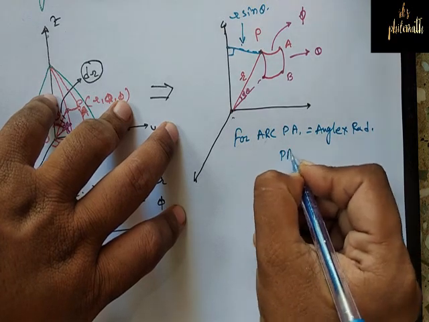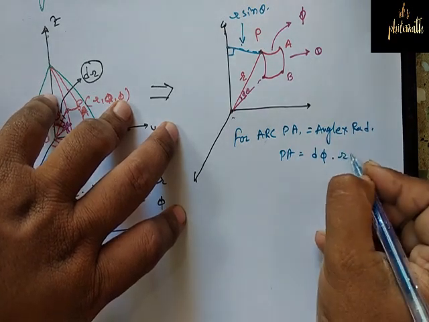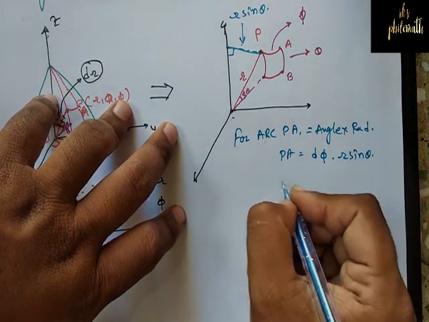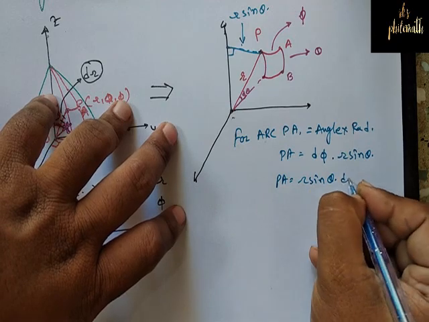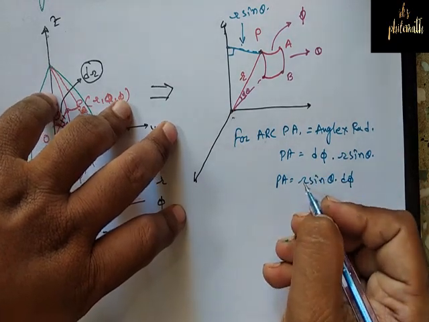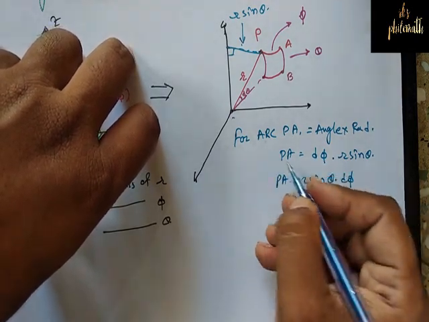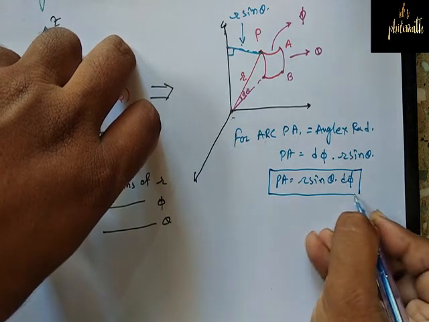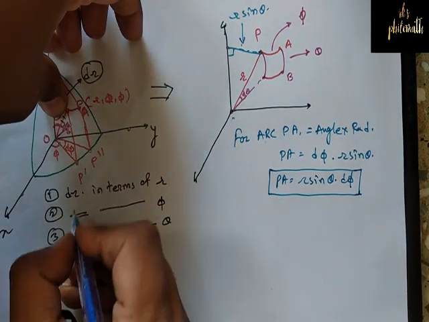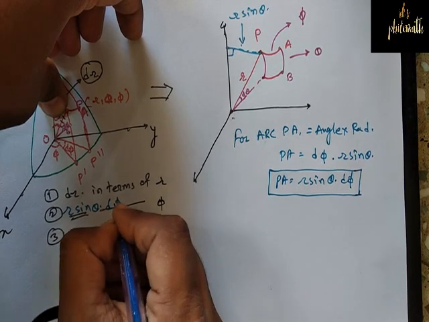PA is angle d phi, radius r sine theta. So PA is equal to r sine theta d phi. So for phi, the differential length is r sine theta d phi.